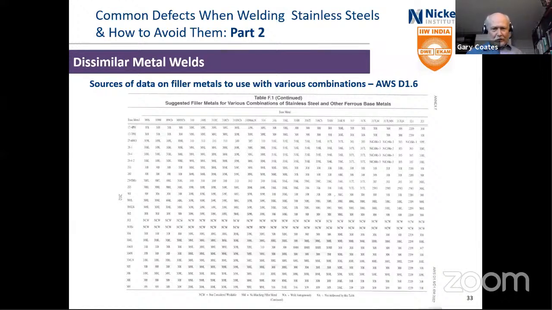Sometimes it's hard to find the right combination there. But you'll also see that it only gives one choice of filler metal. So it's very useful, gives you some idea of what to use. You can go with their suggestion, that's fine. But there can be other suggestions, or suitable filler metals, depending on the application.